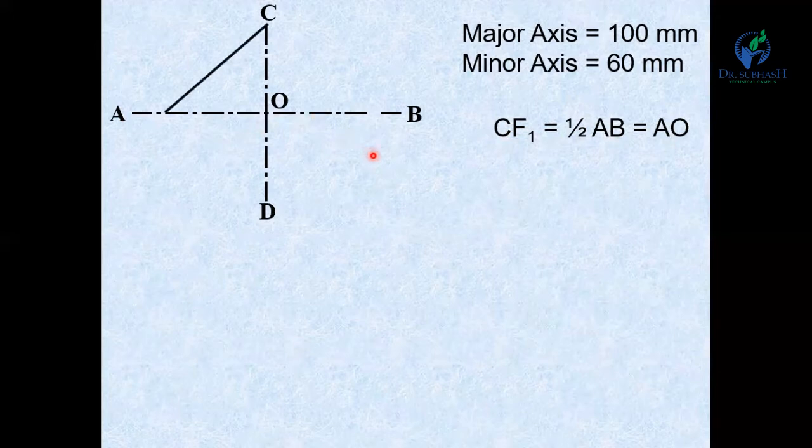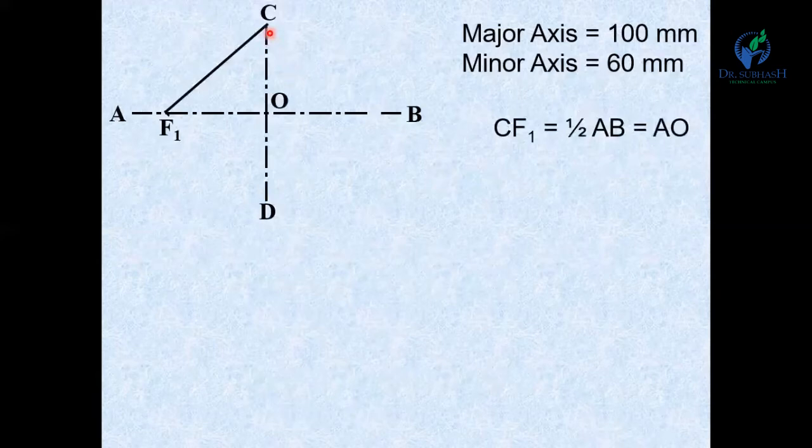Now, take C as a center and AO as the radius and make one arc on the line AB. So this point is F1. Similarly, with C as a center and AO as the radius, make another arc on this line. So you will get the point F2. In this way, you can find the foci of this ellipse.